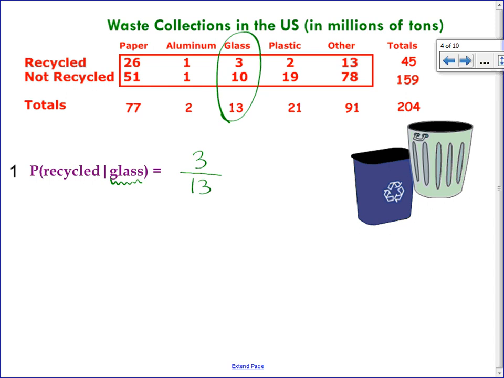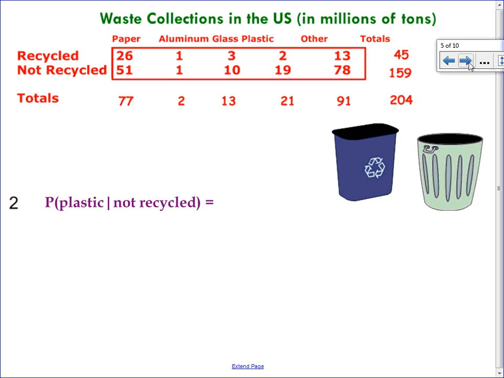Number 2, probability that we pick something that's plastic if I tell you it's not recycled. So now our focus is on not recycled. If we look in that green oval, the plastic amount is 19 out of the total 159.